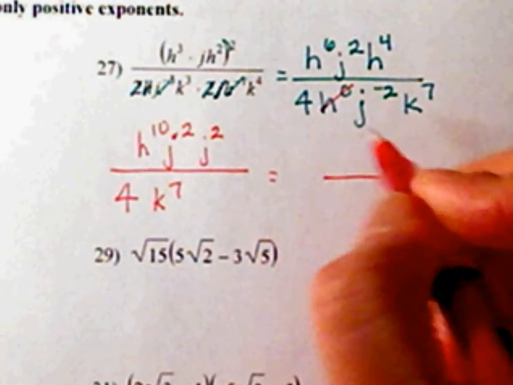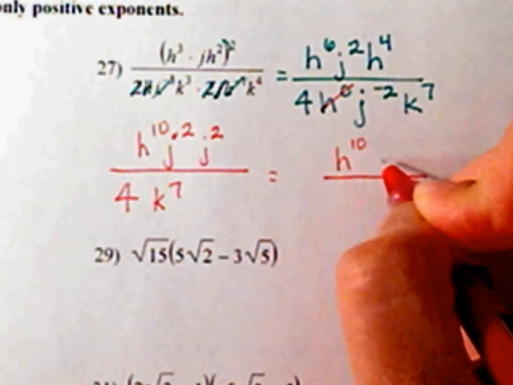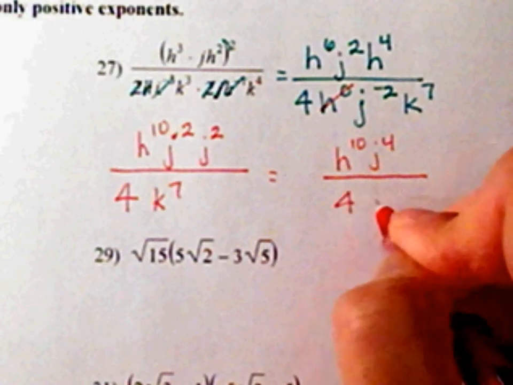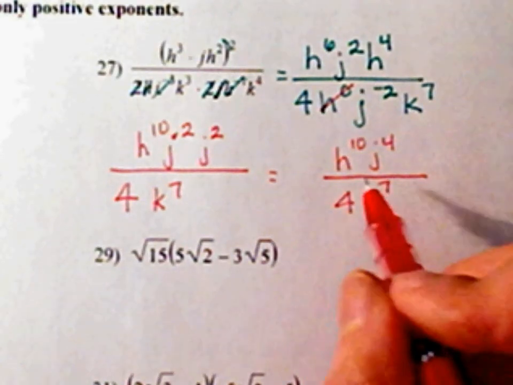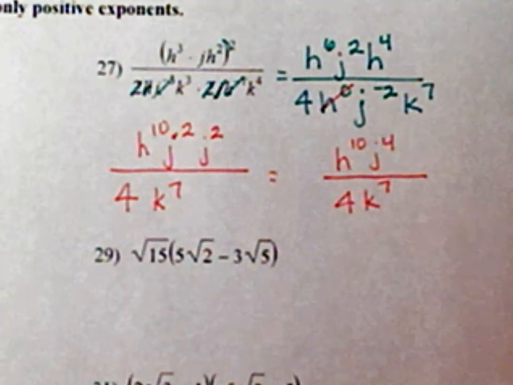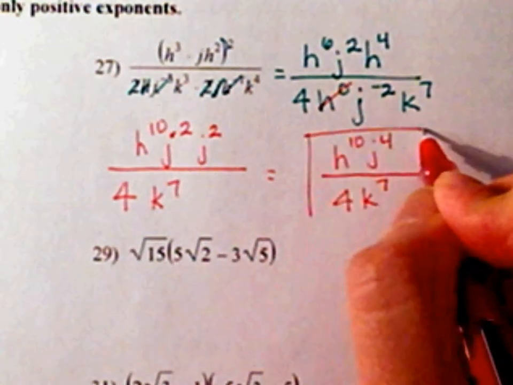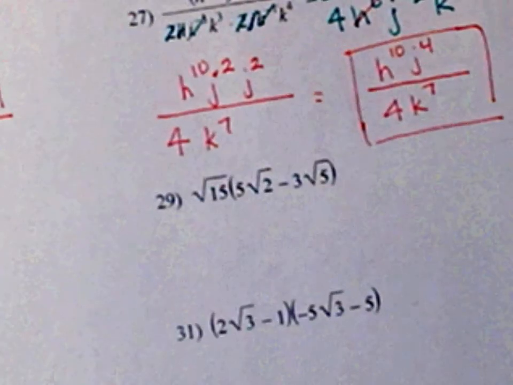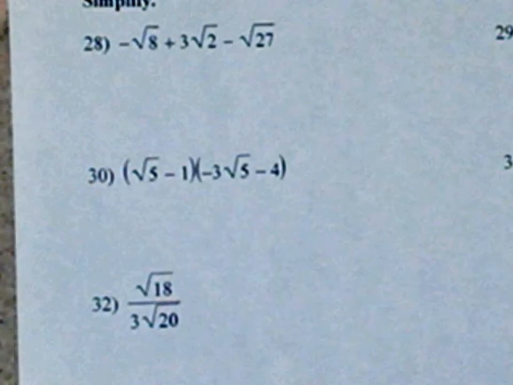Draw your line. So h to the 10th, j to the 4th, 2 plus 2 is 4, k to the 7th. Variables are listed once. They're all positive. And there's my coefficient. You are finished. Okay.